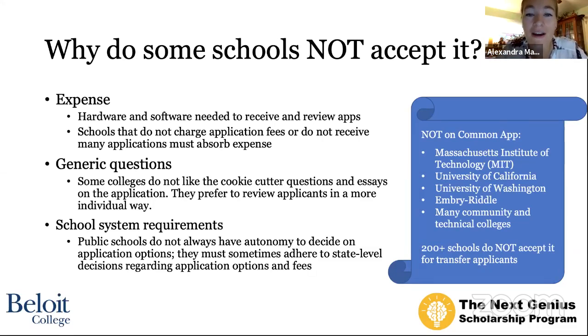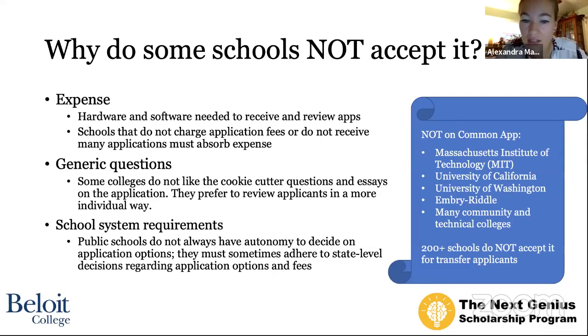Some of the very common schools that students are sometimes surprised to see are not on the Common App: MIT is always the biggest one. MIT might have its own reasons for not joining it. University of California schools, I didn't find any of them on there.